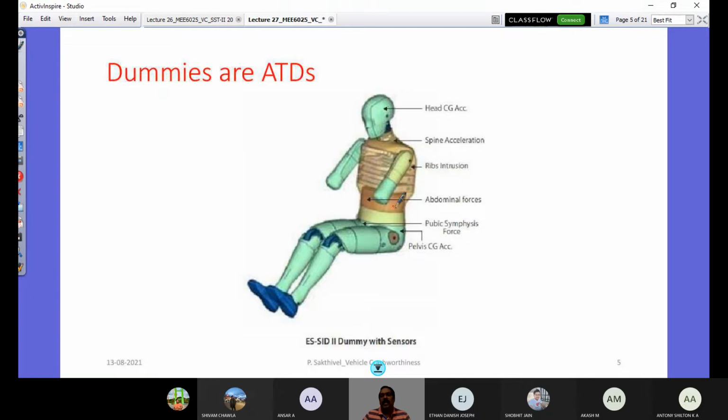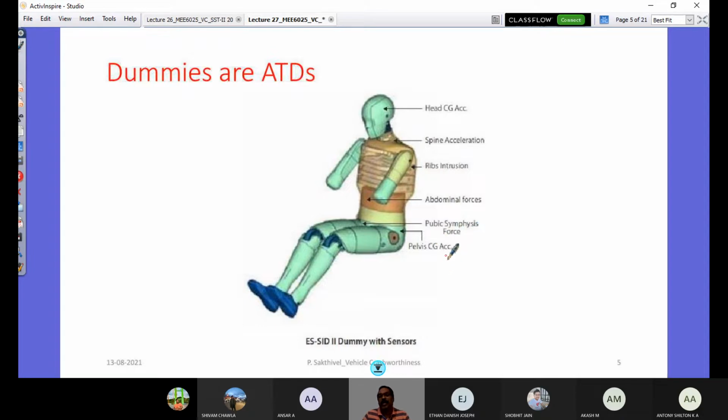So these are the important sensors and locations for a side impact dummy: head CG accelerometers, spine accelerometers, the rib intrusion measurement transducer, and then abdominal forces to measure. Then pubic symphysis force. The pubic symphysis is a portion of the pelvis. Again, what is the force that it is experiencing?